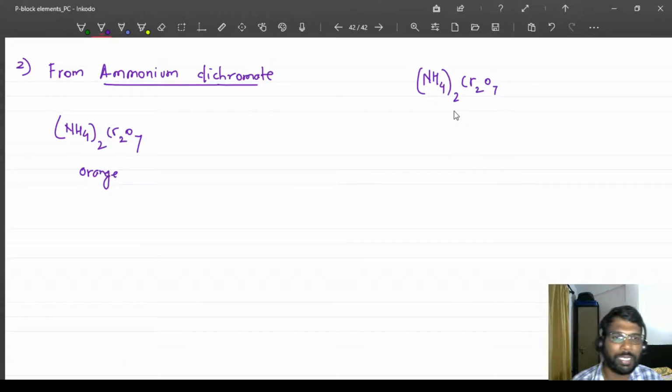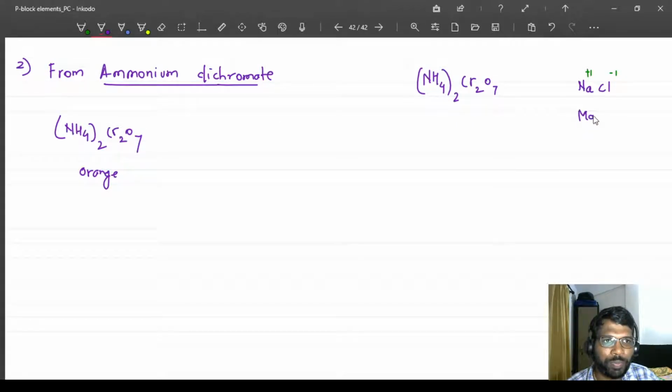If NaCl is there, we can easily say that Na has a plus one charge and Cl has a minus one charge. If there is MgCl2, this has a plus two oxidation state, and Cl has minus one.